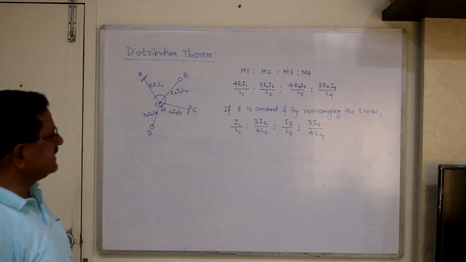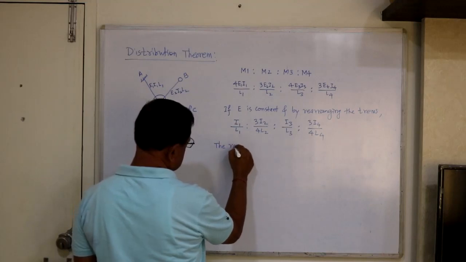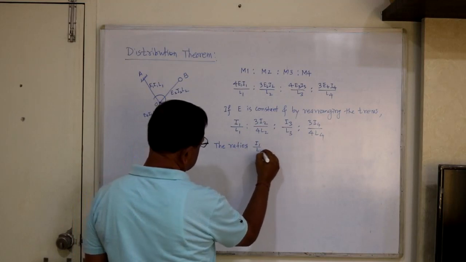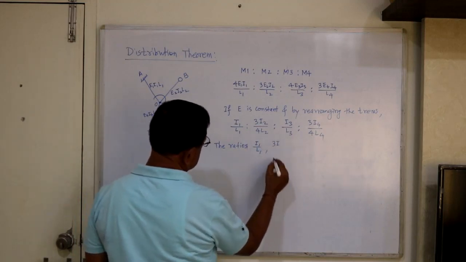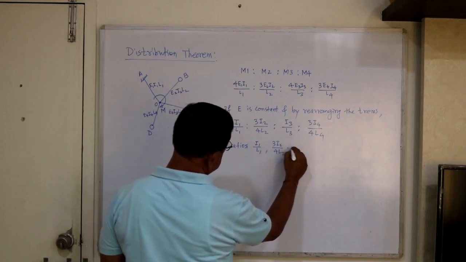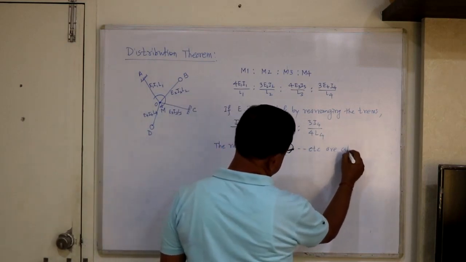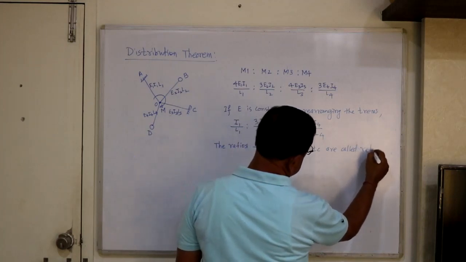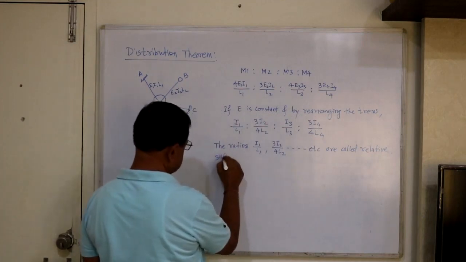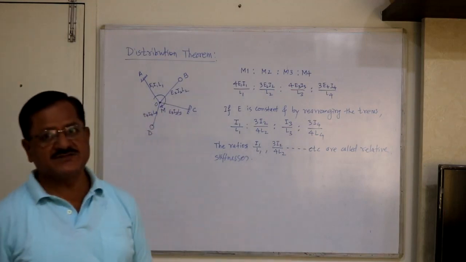So taking E constant and rearranging the terms, the ratios I1 upon L1 or 3I2 upon 4L2 etc. are called relative stiffnesses.